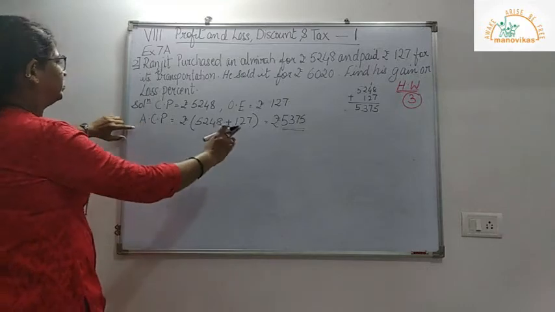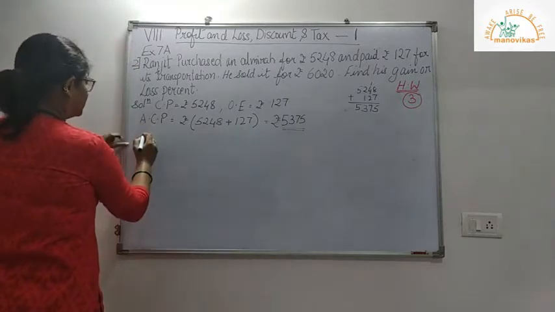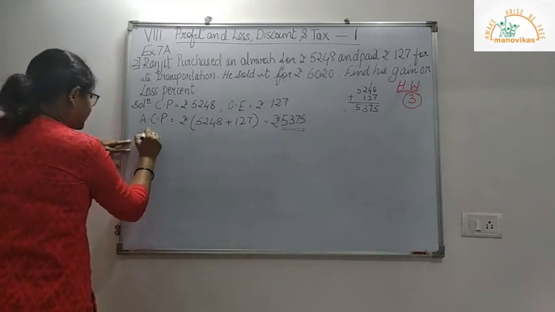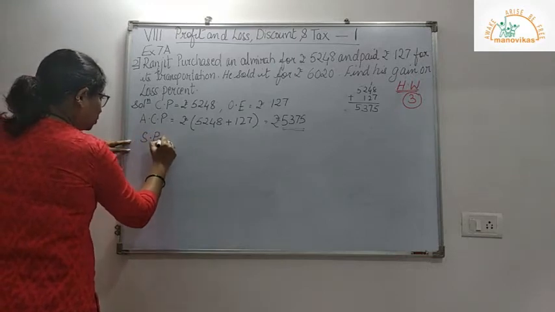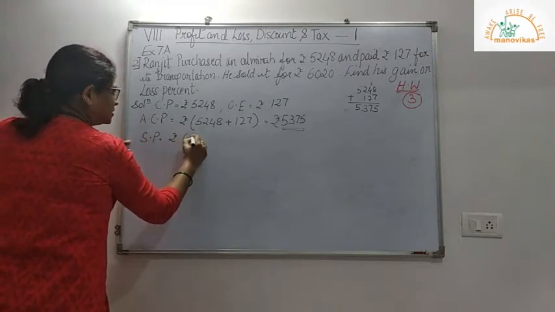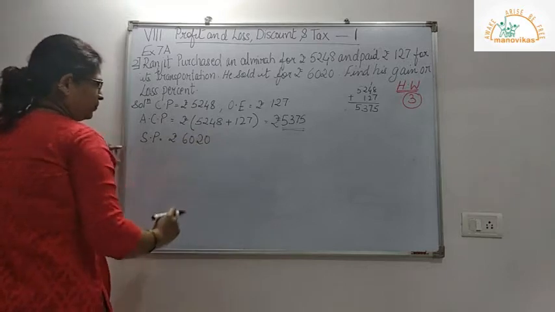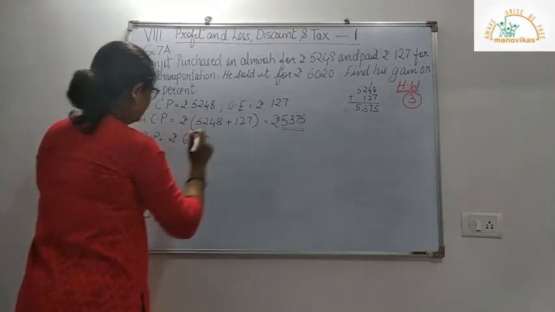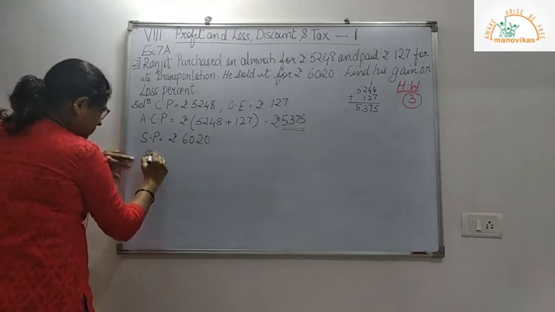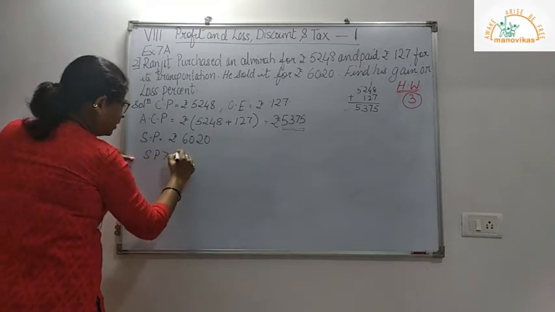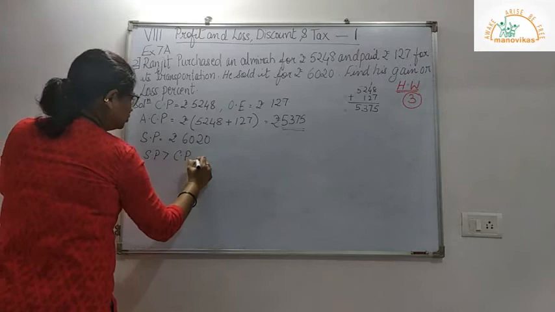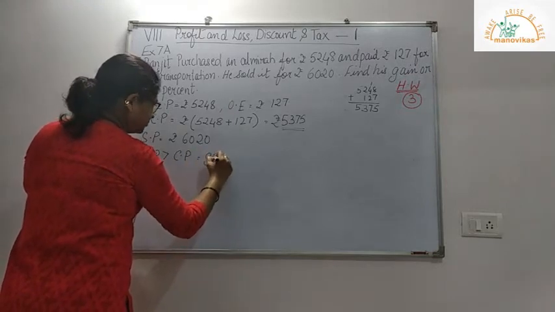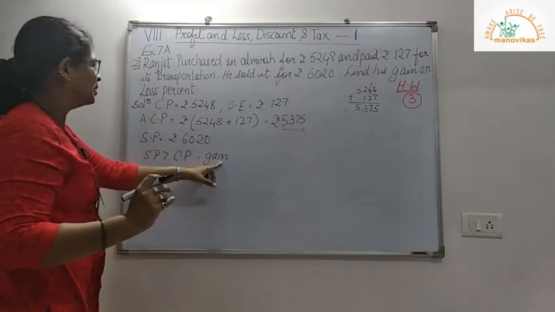Now I have the selling price, which is equal to rupees 6020. If you see the selling price and the cost price, my selling price is greater than the cost price, so it is a gain.